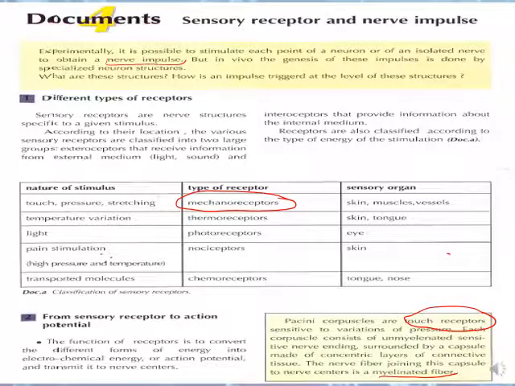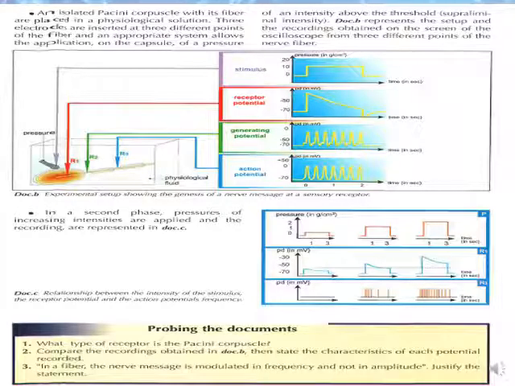So pacinian corpuscles are mechanoreceptors and they are excitoreceptors. An isolated pacinian corpuscle with its fiber is placed in a physiological solution. 3 electrodes are inserted at 3 different points of the nerve fiber, R1, R2, and R3. An appropriate system allows the application on the capsule of a pressure of intensity above the threshold, called supraliminal intensity. Document B represents this setup.